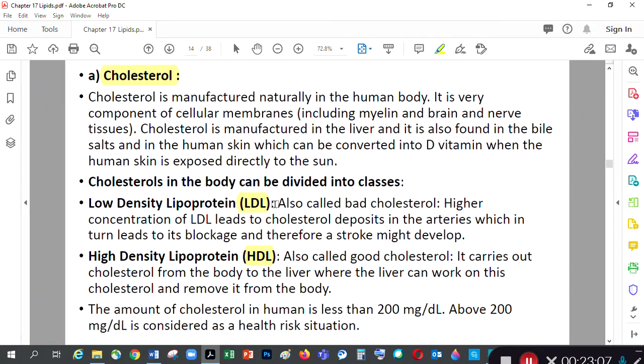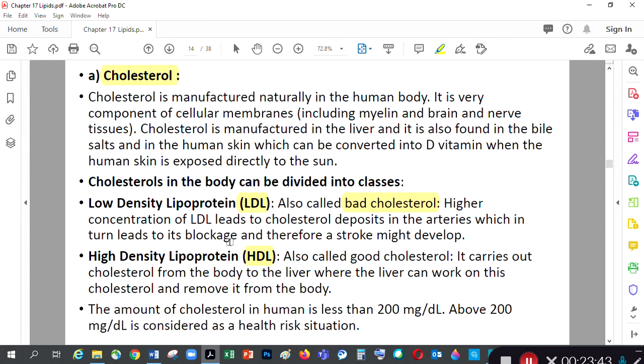LDL, low density lipoprotein, is called bad cholesterol, because first of all, like all lipids, they are not soluble, and they tend to lead to deposits in the arteries, which block the blood stream in and out of the heart, which can cause a stroke.